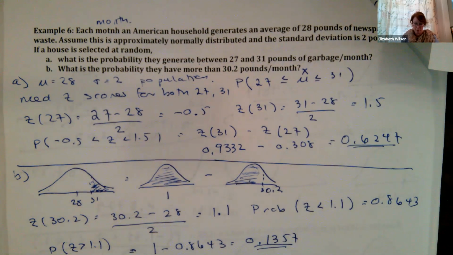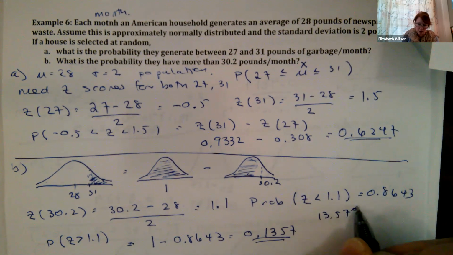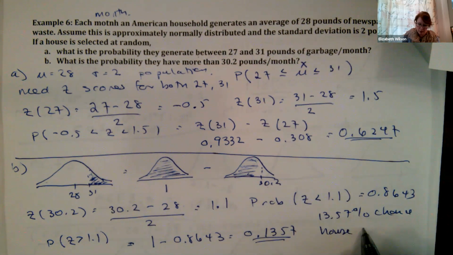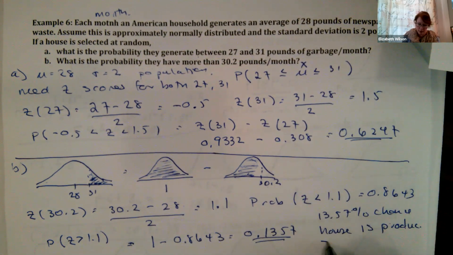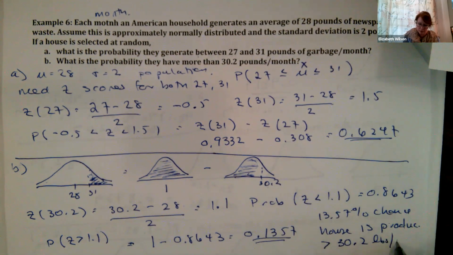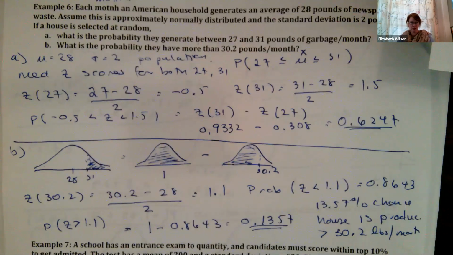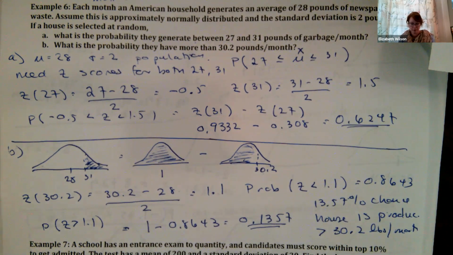So what that means is we say that there's a 13.57% chance the household is producing more than 30.2 pounds per month. That is how you would think about that in terms of words. Probabilities, percent, they're just different ways of representing it, different ways of speaking it.